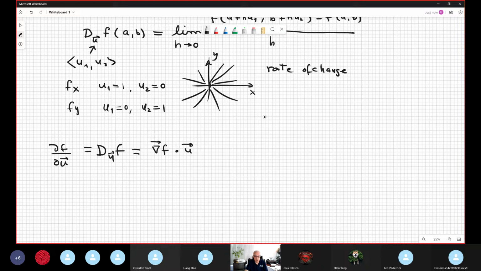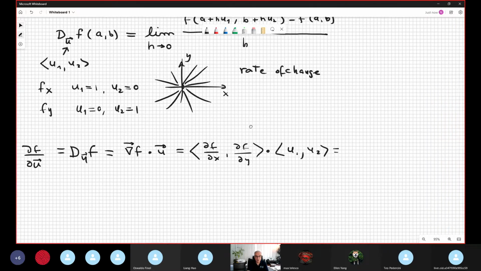Another possibility is, you know, the gradient is partial f with respect to x, partial f with respect to y, dot product with the unit vector u1, u2, no?